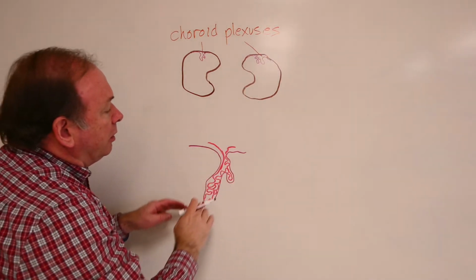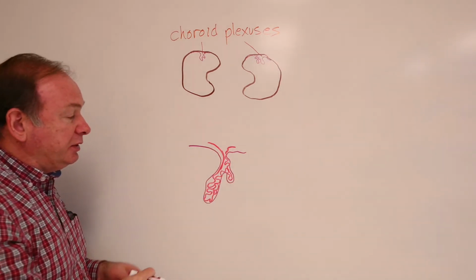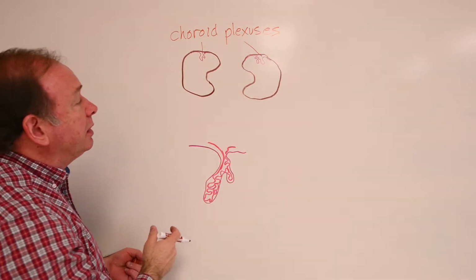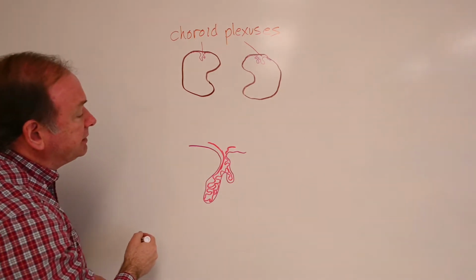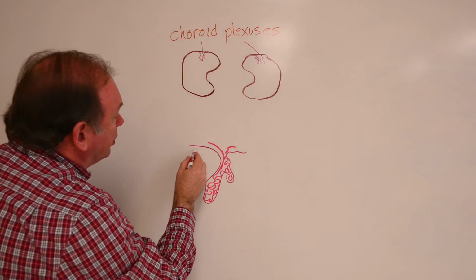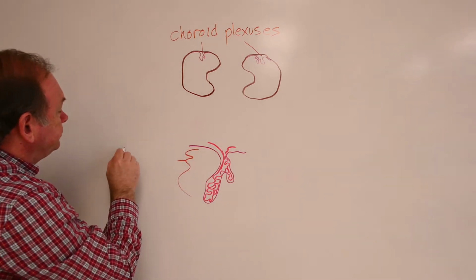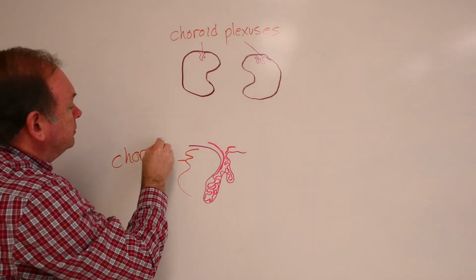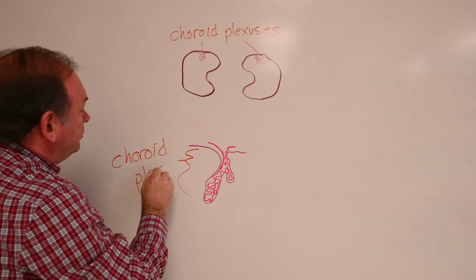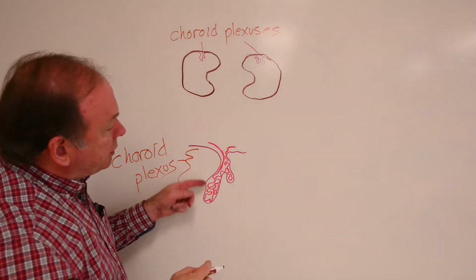And down here below, I've tried to enlarge that a little bit just to give some representation of what goes on with a single choroid plexus. So this here represents a choroid plexus. Right here, this structure.